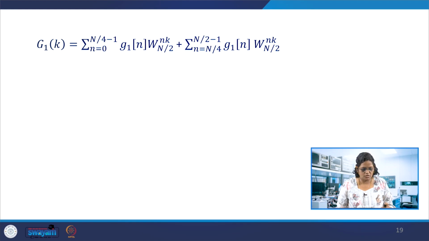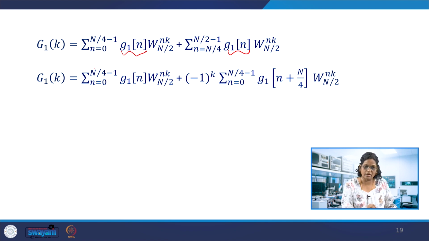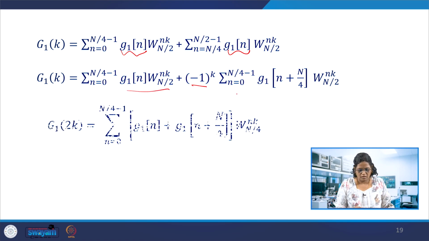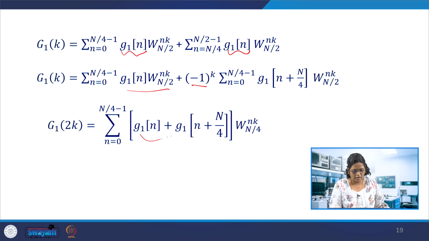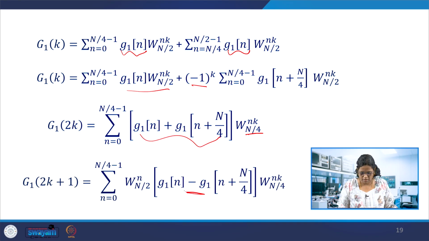Now again this G1 of k, which is the G1 where we replaced with G1, and summation, if we vary n from N by 4 to N by 2 minus 1, the same steps can be followed for n equal to 0 to N by 4 minus 1. So we get minus 1 power k. So for G1, 2k is having, instead of N by 2 in the first case, X of 2k. We have the same terms, and 2k plus 1 results in minus with this total factor 1.